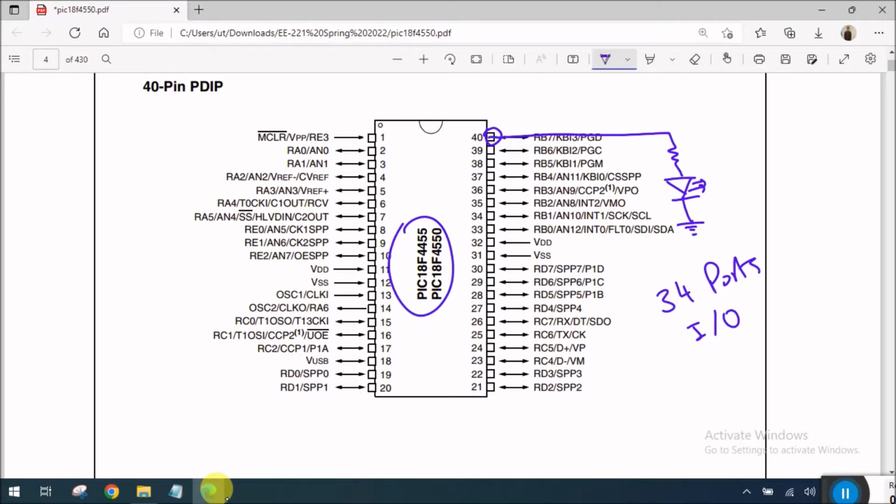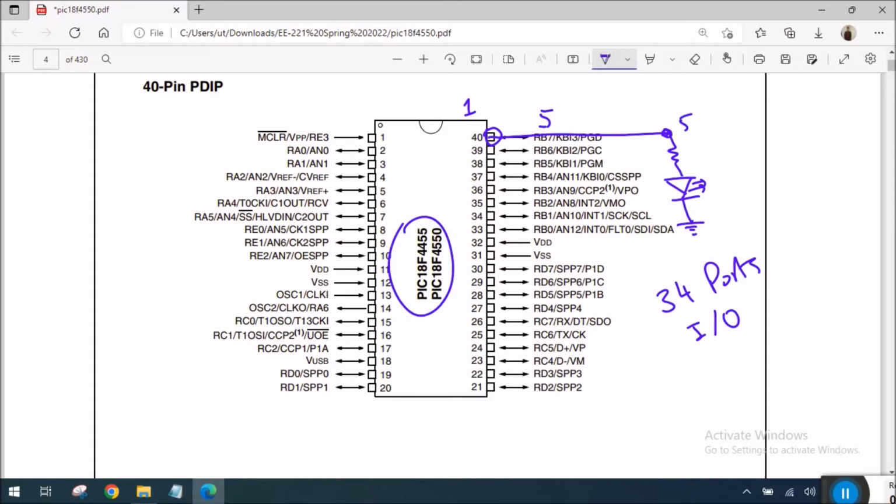Now when I send a 1 to this output port, a 5-volt signal is produced and is output to this pin. So here ideally I should get 5 volts. But am I going to get 5 volts here?